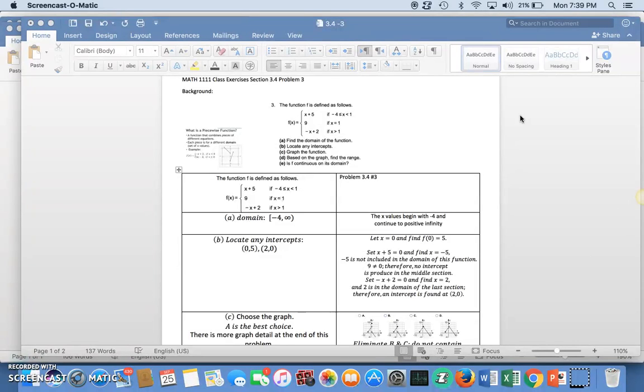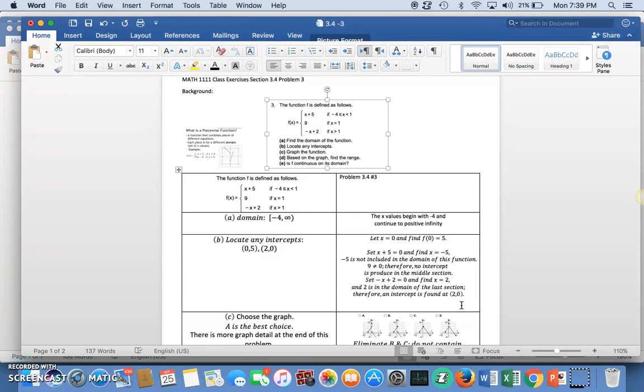The second piece is just the point (1, 9). It would not produce any kind of intercept. The third piece produces an x equal to 2. If you let -x plus 2 equal 0, you'll find that x is 2 and you'll get the point (2, 0).